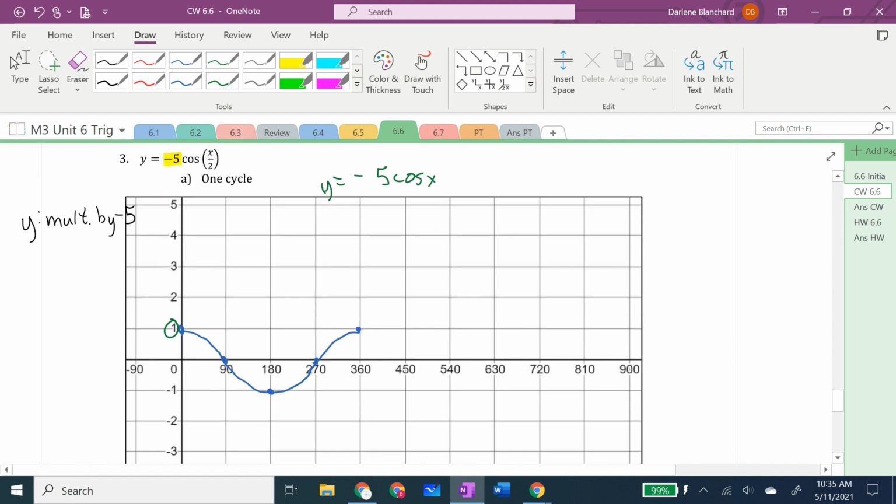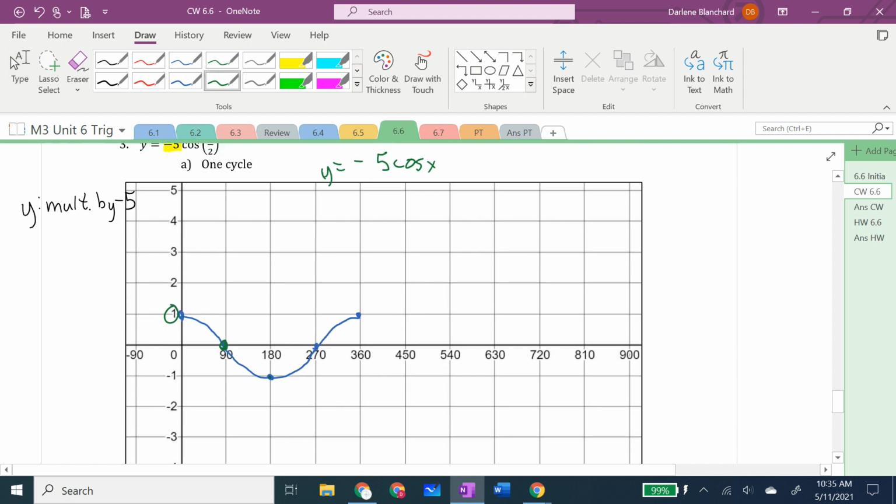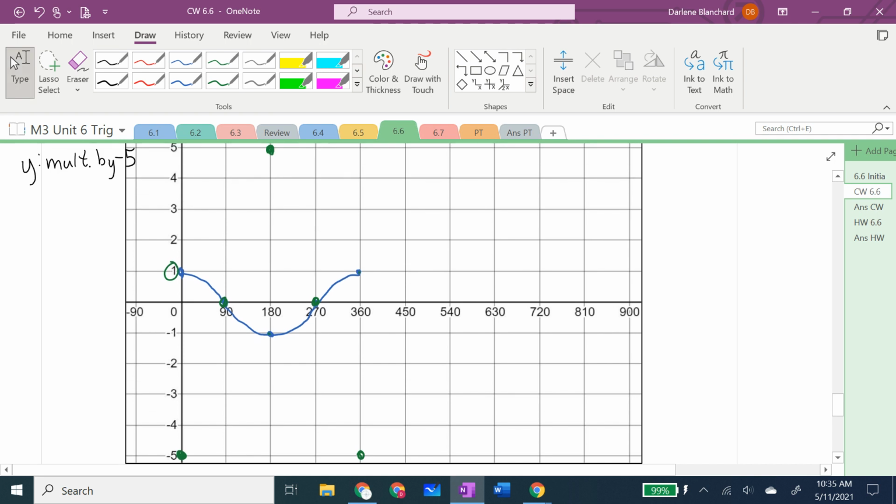And I'm going to use green for intermediate because I'm just going to draw -5 cosine x. +1 multiplied by -5. 0 multiplied by -5. -1 multiplied by -5. 0 multiplied by negative 5, and 1 multiplied by negative 5. And that automatically stretches it by 5, but also flips it upside down.